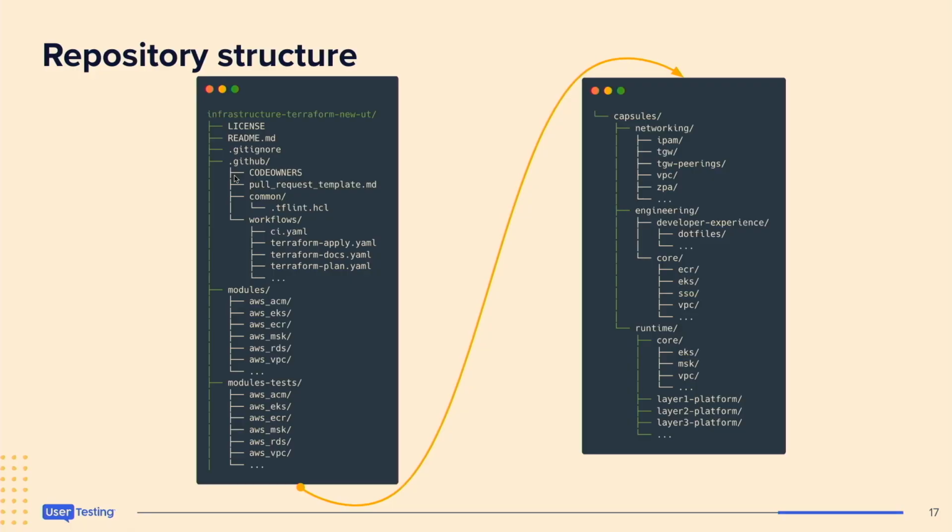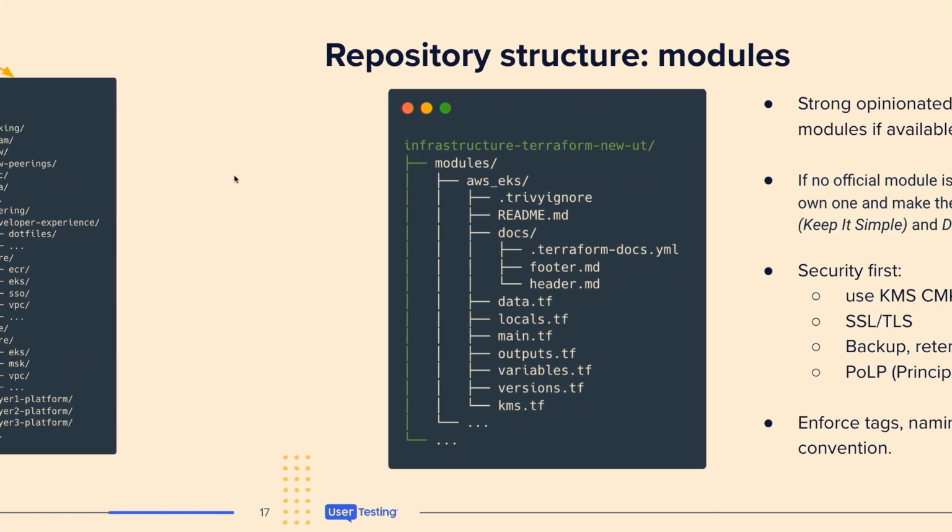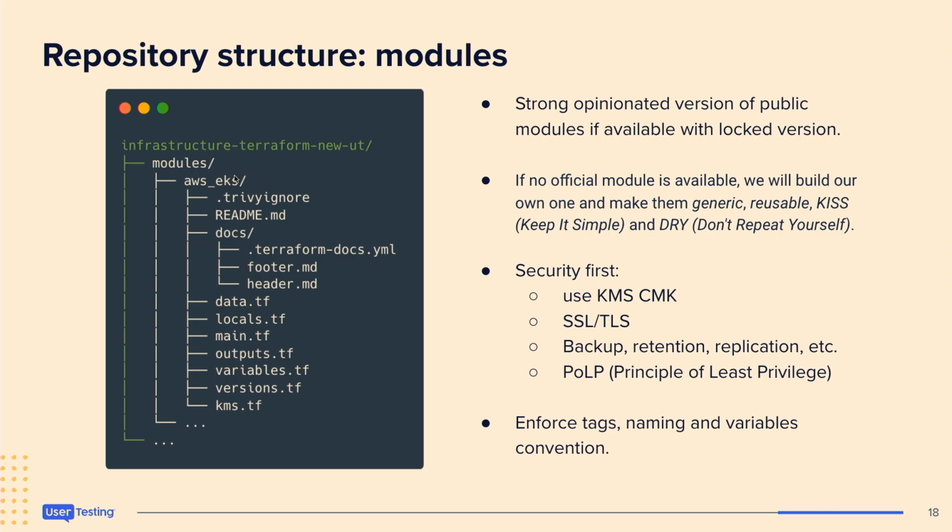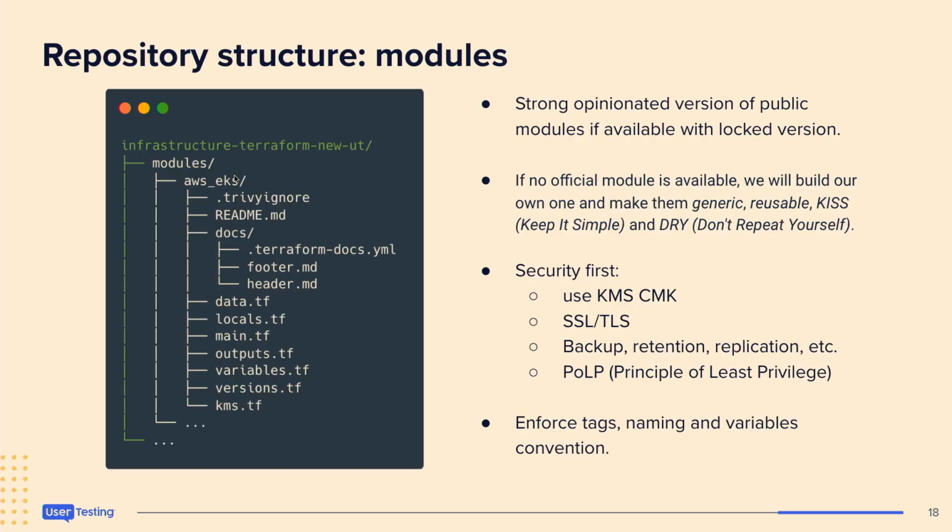This is a little bit a picture of how the repository looks like, and now we're going to go deep in each of the folders. One of our main focus as an ops and infra team, as Rock was saying at the beginning, to allow the rest of the colleagues to work efficiently, was to have some good models that follows all the security practices that we were requested by the security team, enforcing tagging, naming conventions.